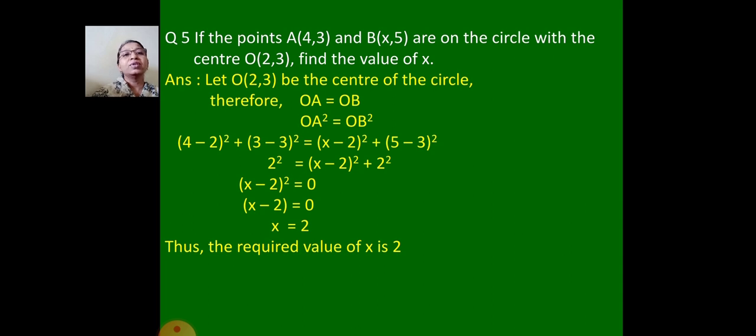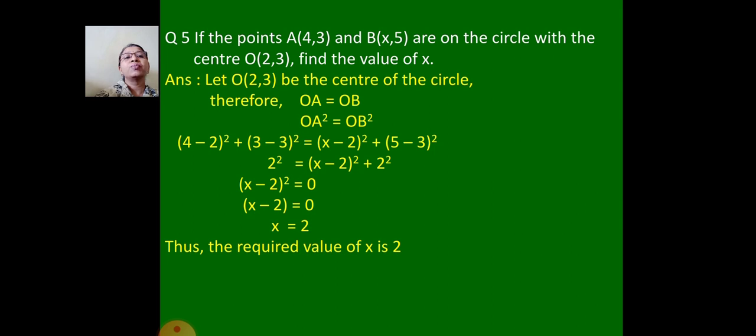So, solve. Let O(2, 3) be the center of the circle. Therefore, OA is equal to OB. Therefore, OA square is also equal to OB square. Now, apply the distance formula. So, consider O as (x1, y1) and the coordinates of A as (x2, y2).